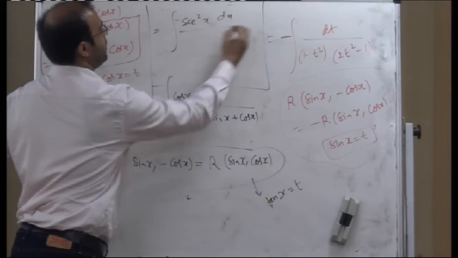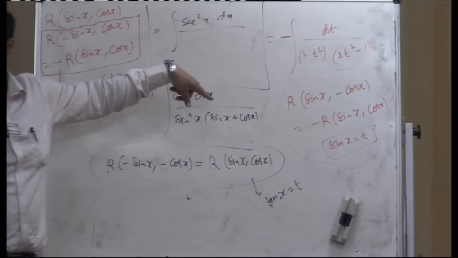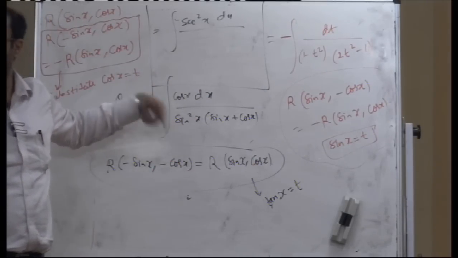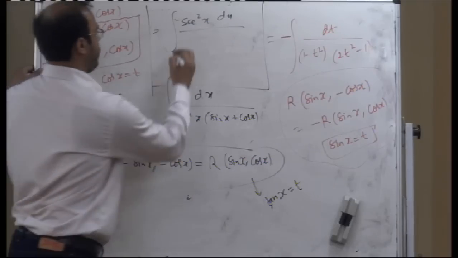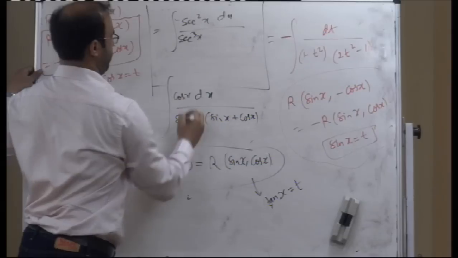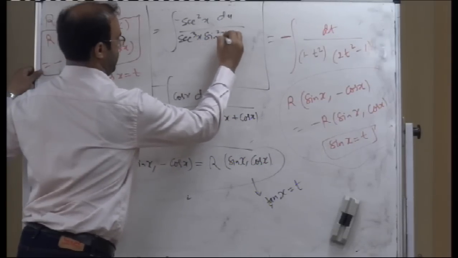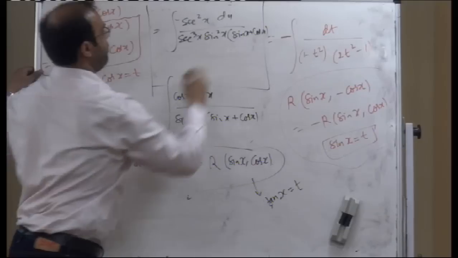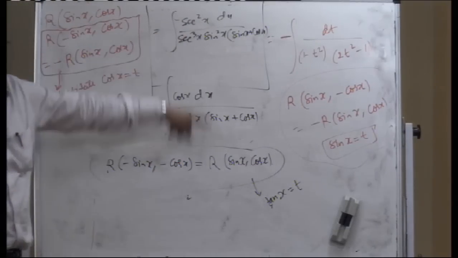For sec square x, you have to divide by sec square x, and this cos x also goes in the denominator, becoming sec x, one more. So that would become sec cube x. And this is actually sin square x into sin x plus cos x. We are rearranging this according to our substitution.